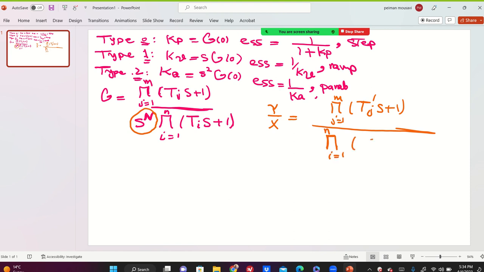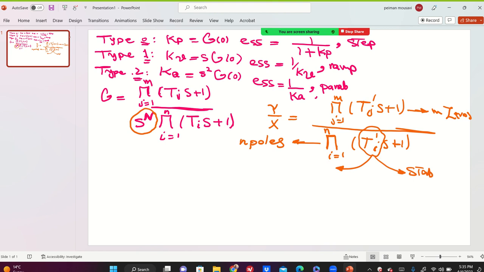It means that we have n poles and m zeros of the system. So on many occasions, when you are designing your system, you don't know the exact value of the T'i's of the system. So you have to know for which range of the Ti's your system is stable, and for which range of the Ti's the system is unstable.